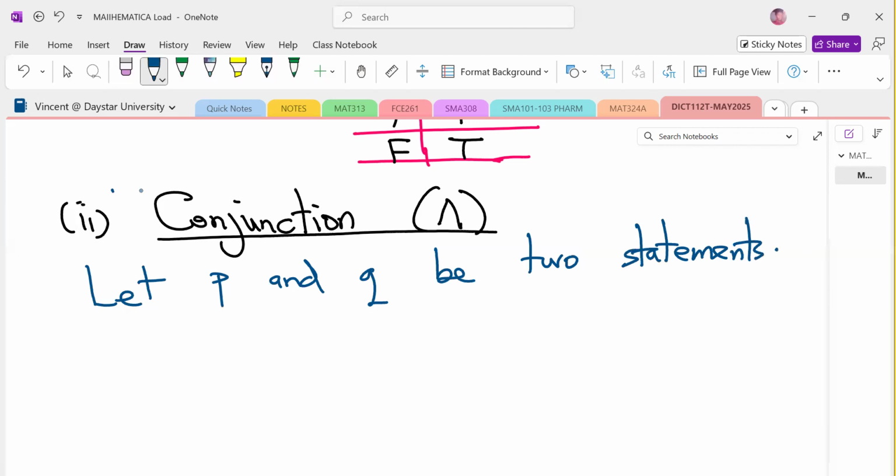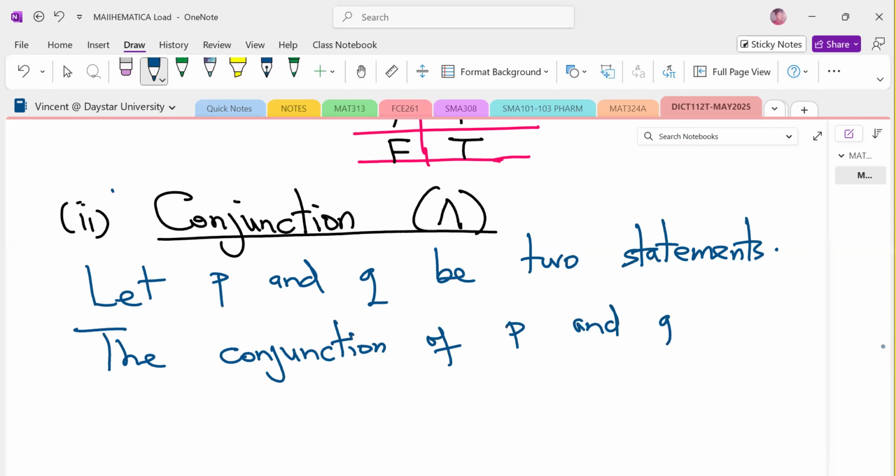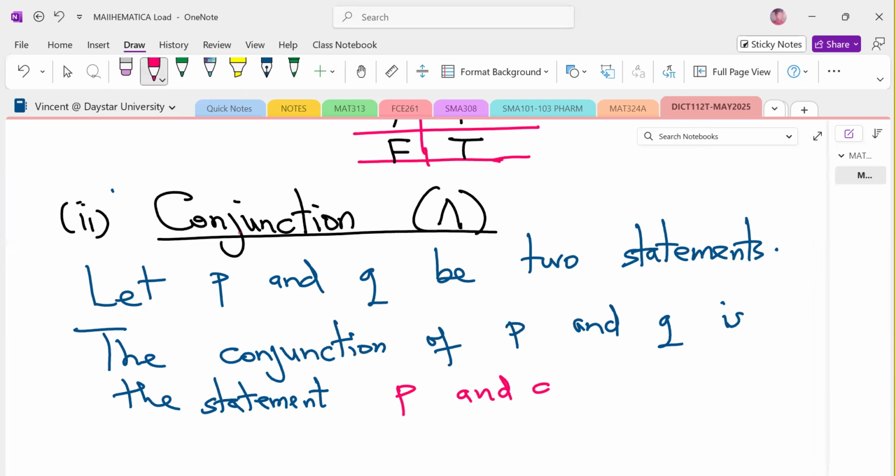We start by having 2 statements, P and Q. The conjunction of P and Q is a statement, P and Q, usually denoted by the inverted V.